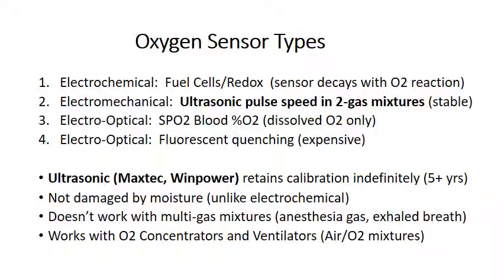So by using this concept, that a pulse travels at different speeds in oxygen versus nitrogen, they're able to determine the ratio of oxygen versus nitrogen in the gas. And they can compensate out for the small amount of argon.